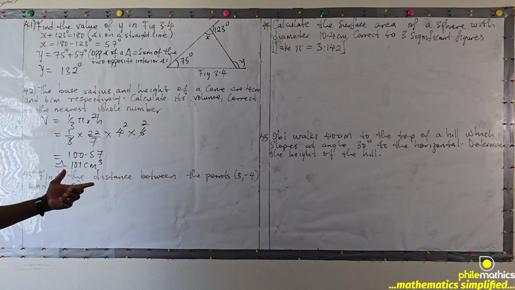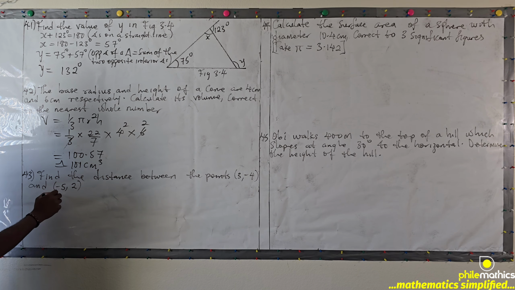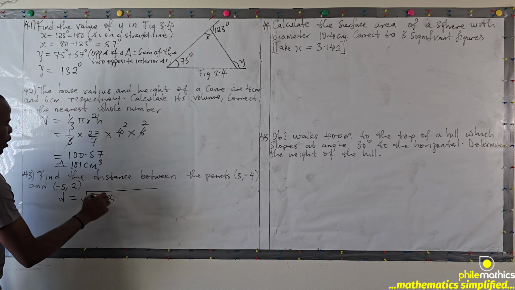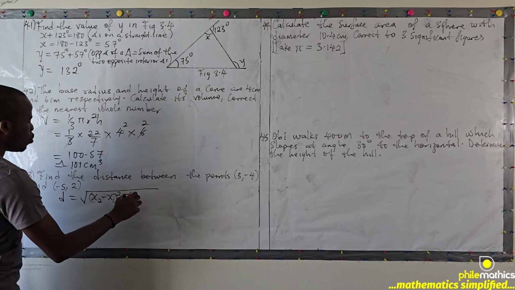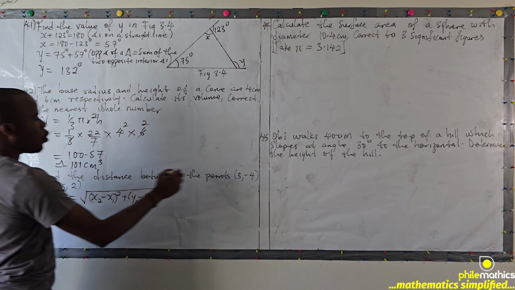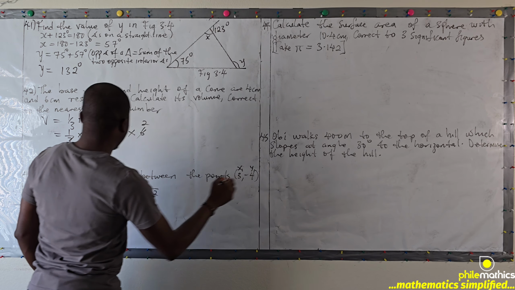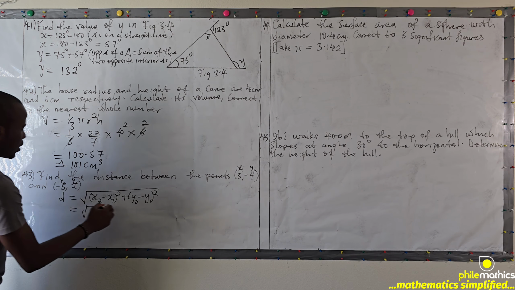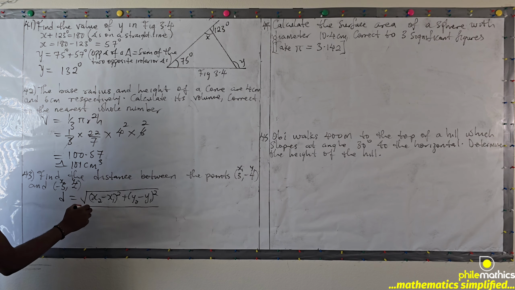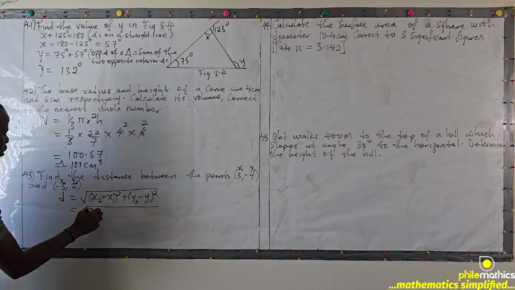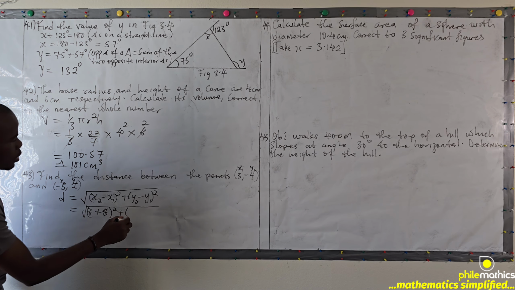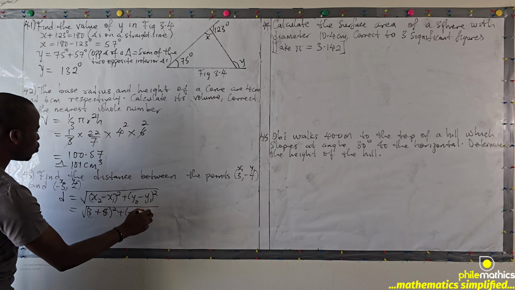43 says find the distance between the points 3, minus 4 and minus 5, 2. You know the distance formula is simply x2 minus x1 all square plus y2 minus y1 all square. So if we call this x1 y1 and this x2 y2, we simply plug it into this formula. We get x2 is 3 minus minus 5 makes it plus 5 square, plus y2 is minus 4 minus 2 square.